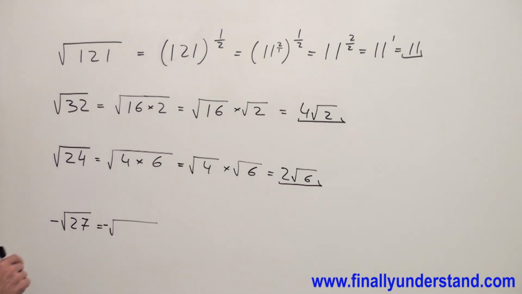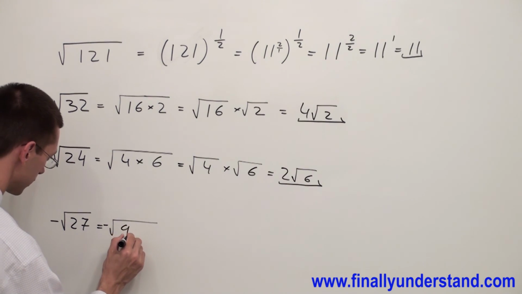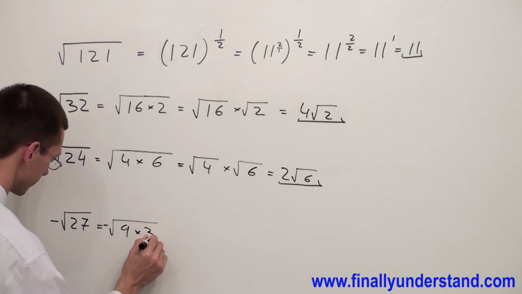Product of two numbers, one of which is going to be a perfect square. Okay? So in this case, I'm going to have 9, which is my perfect square, times 3.